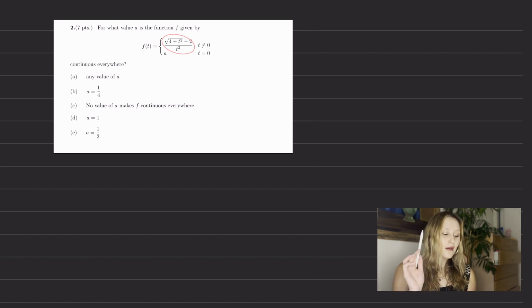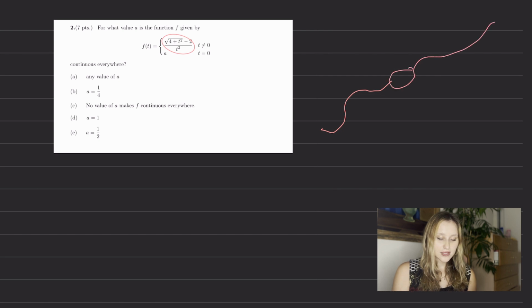The denominator is 0 when t equals 0. So we can never have that. So to ensure that it is continuous everywhere, we want the function, say that's where it's 0, that is undefined right there.